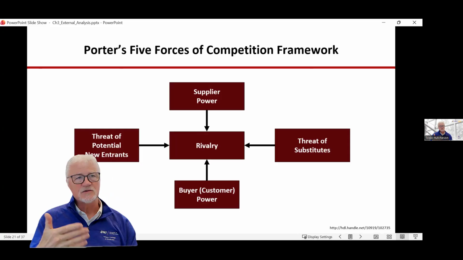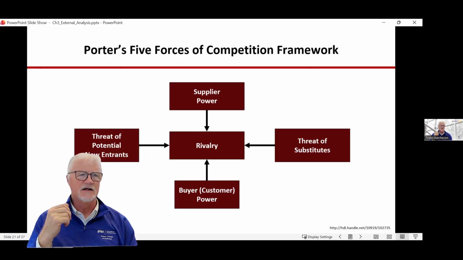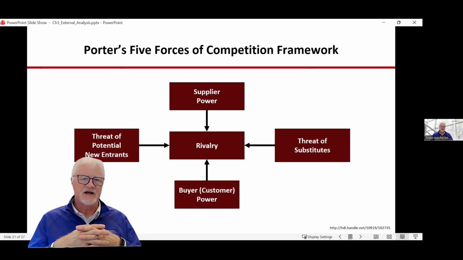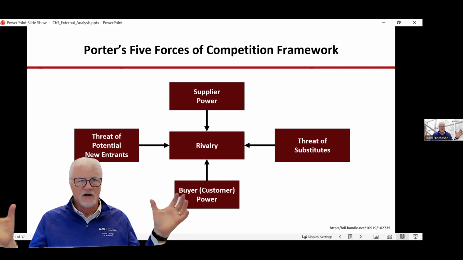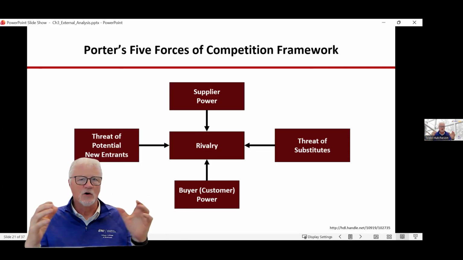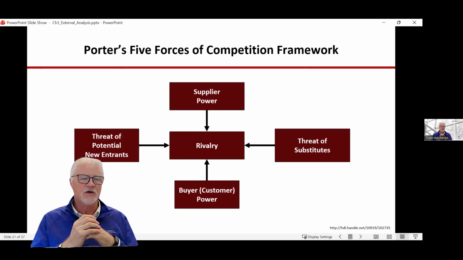The buyer and customers can have a lot of power when it's a low demand kind of a market where one player or two or three players have the most impact on that demand. Then we look side to side. We have a threat of potential new entrants in our market, and we have a threat of substitutes in our market. So all of these things, that supplier and buyer power, that substitute and new entrant power, crunch that rivalry, so they impact our ability to do strong business inside of our market.